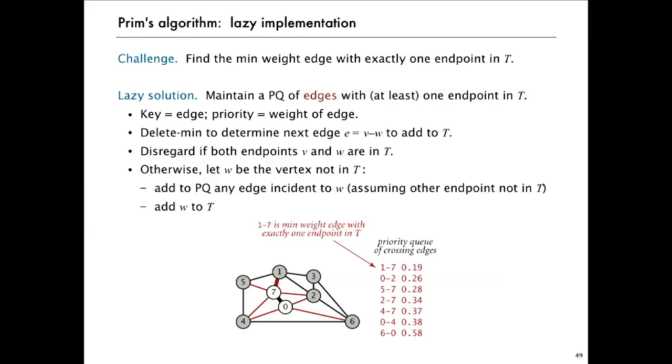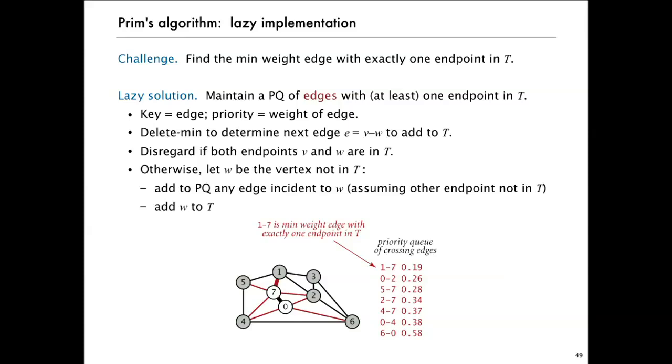But then the key step in the algorithm is what do you do when you get a new vertex for the minimum spanning tree and a new edge. So that means that one of the vertices is on the tree, let's say that's V, and the other one is not on the tree, that means W. And so what we want to do is add W to the tree, but then we also want to add to the priority queue any edge that's incident to W. So that's got the possibility, as long as this other endpoint is not in the tree.